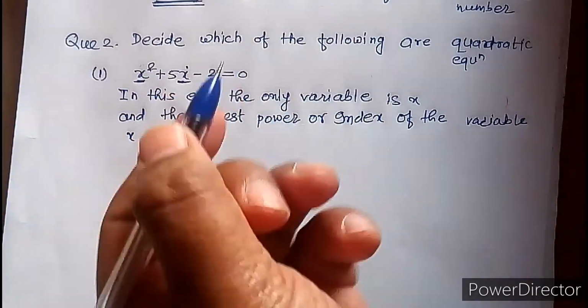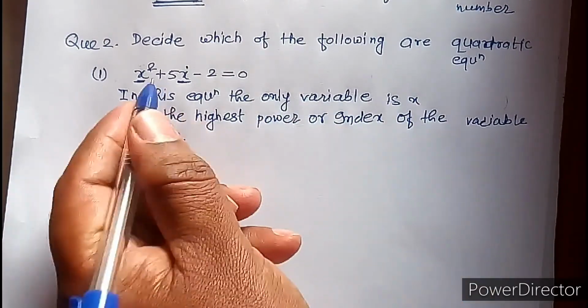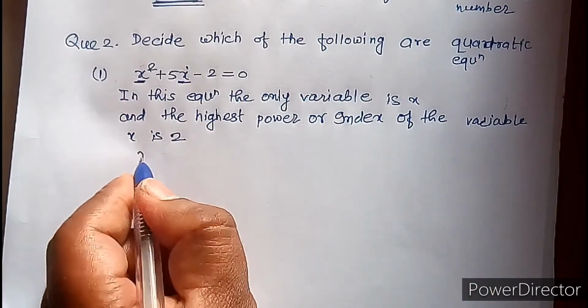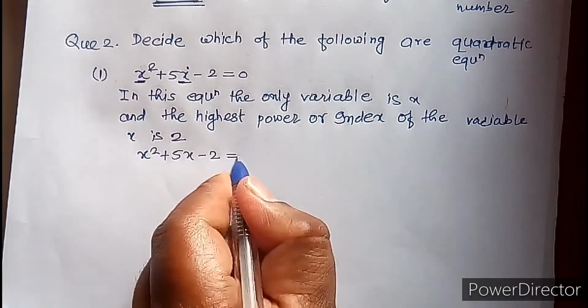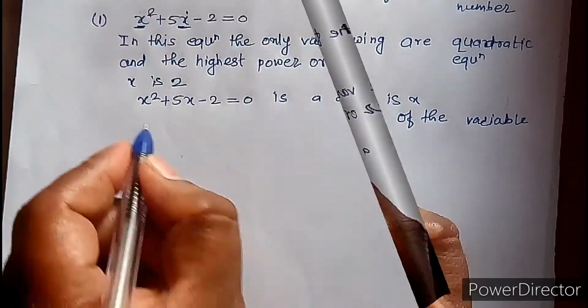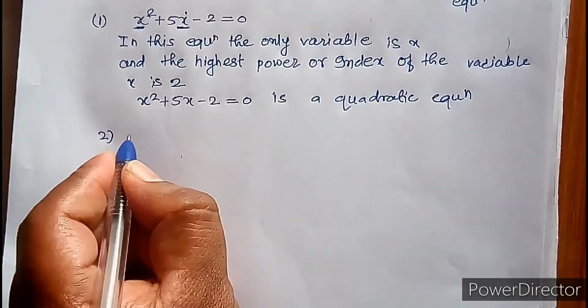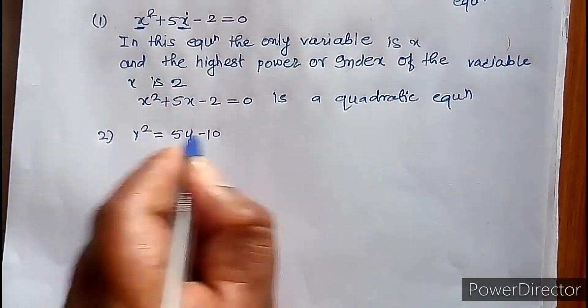Here both conditions are being satisfied, therefore this equation, x square plus 5x minus 2 equals to 0, is a quadratic. The second equation is y square equals to 5y minus 10.